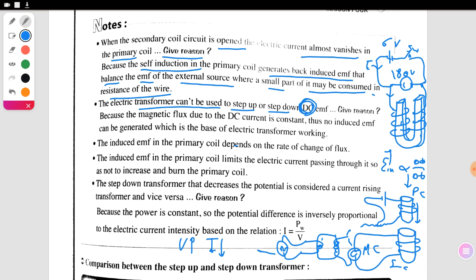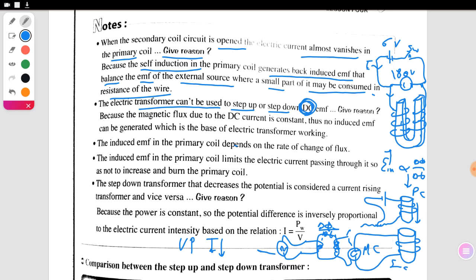This apparatus is based on mutual induction between two coils. Mutual induction between two coils takes place due to transfer of delta phi m over delta t from the primary coil to the secondary coil. Delta phi m over delta t is the rate of change of magnetic flux, while direct current produces a fixed magnetic field.